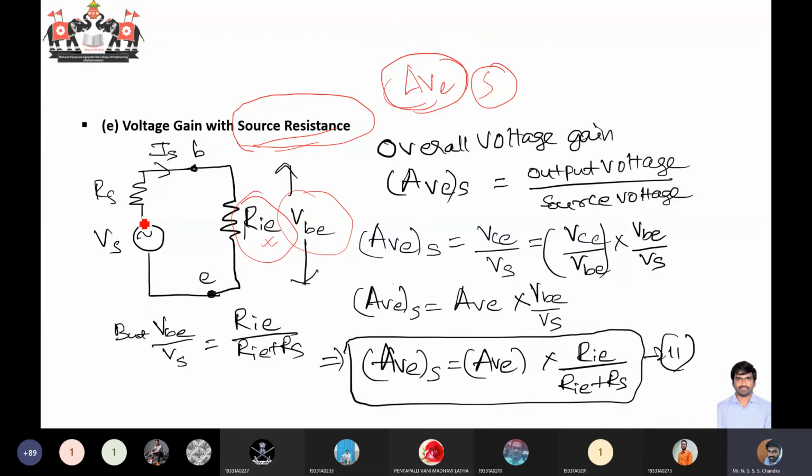Across this RIE I am connecting my voltage source VS with a source resistance RS. You know that for a voltage source, your source resistance will be in series. So VS and RS are in series, connected to the input terminals. You know the input terminals in common emitter configuration are base and emitter.